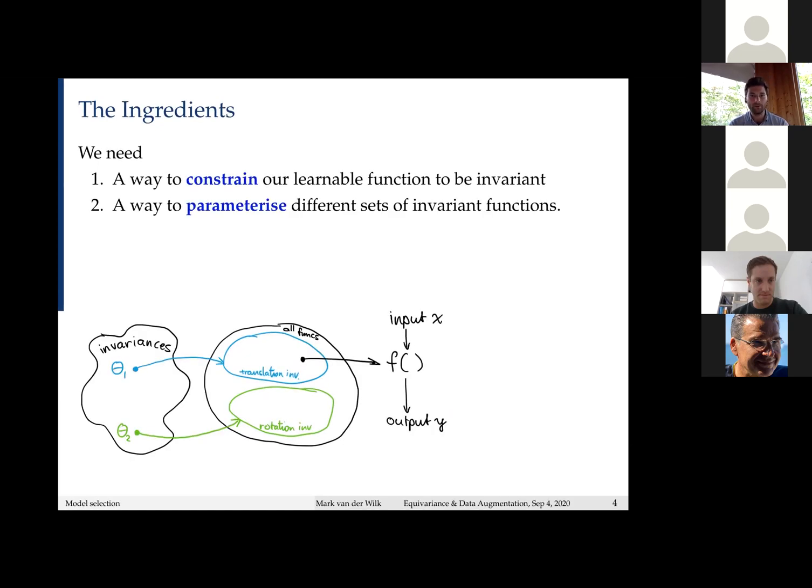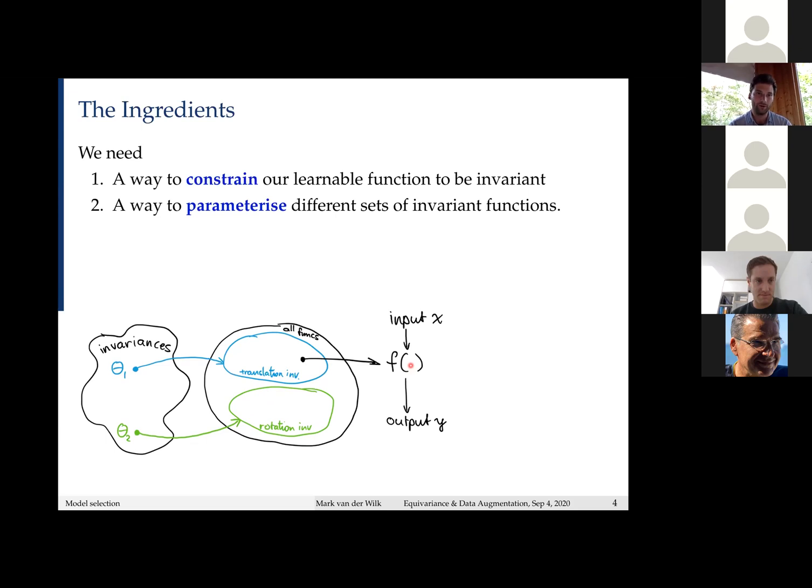The second thing we want to do is parameterize different sets of invariant functions. We don't just want to be able to define these sets of functions. If we want to learn the right invariances, we also need to parameterize them. So what we get is a set of parameters, each of which parameterizes its own function class of invariant functions, which we can then choose the function from.